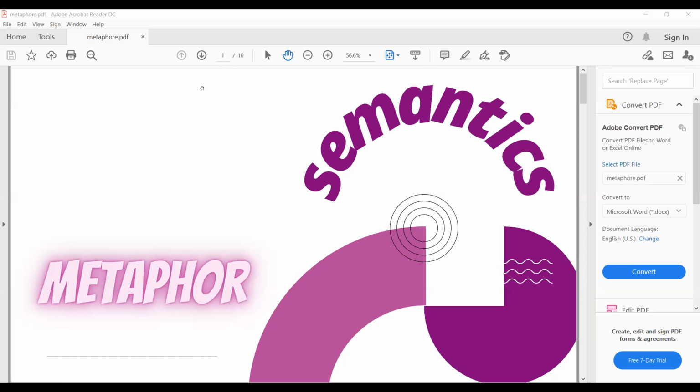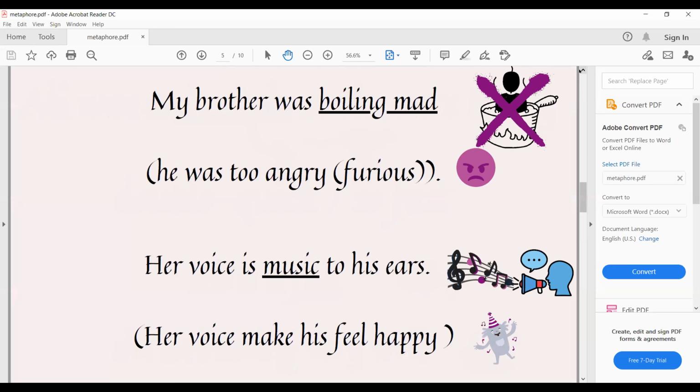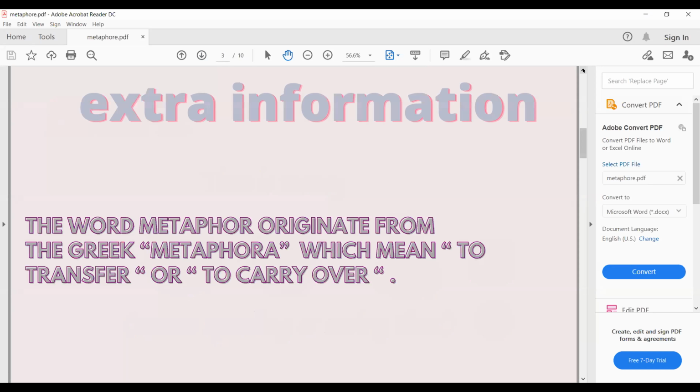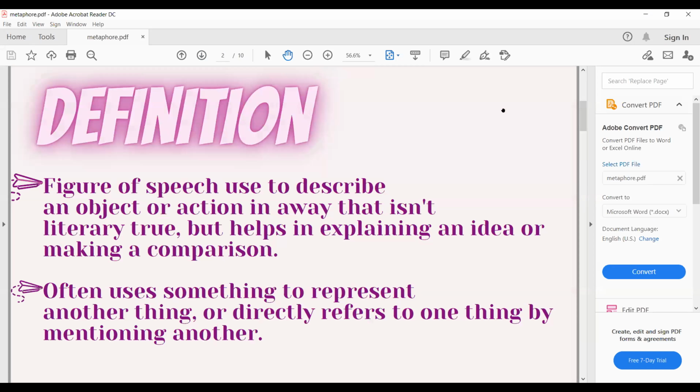Okay. Hi, guys. Today I'm going to explain metaphor, so let's go. The first thing I want to tell you is, what is metaphor? Metaphor is a figure of speech used to describe an object or action in a way that is not literally true, but helps to explain an idea or make a comparison.